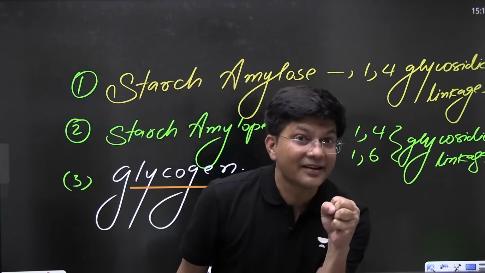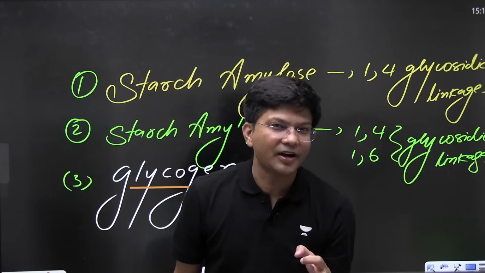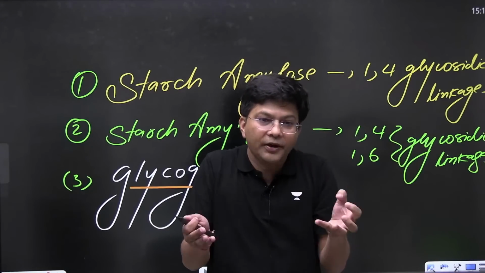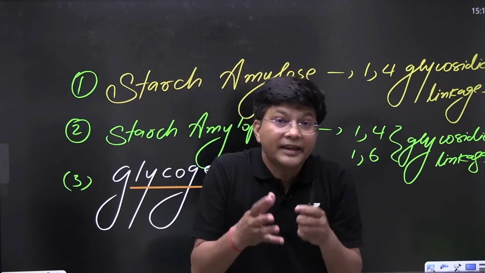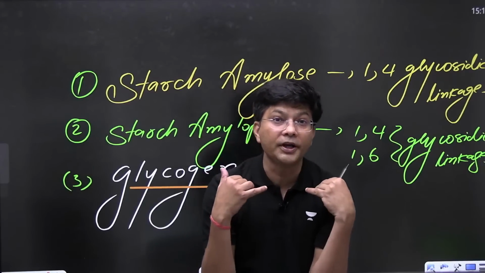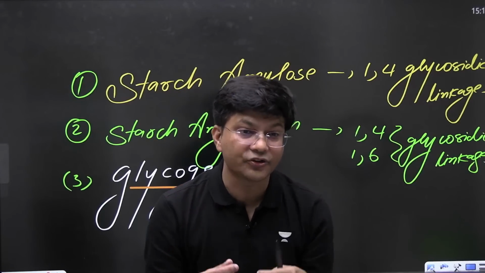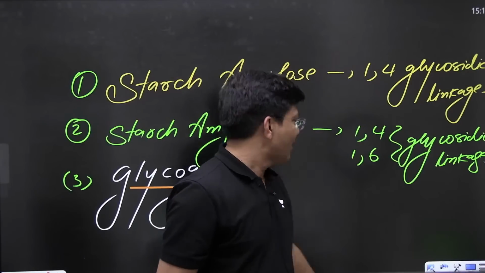Glycogen is known as animal starch. Your bio students, you know very well, carbohydrates are stored in the human body in the form of animal starch.